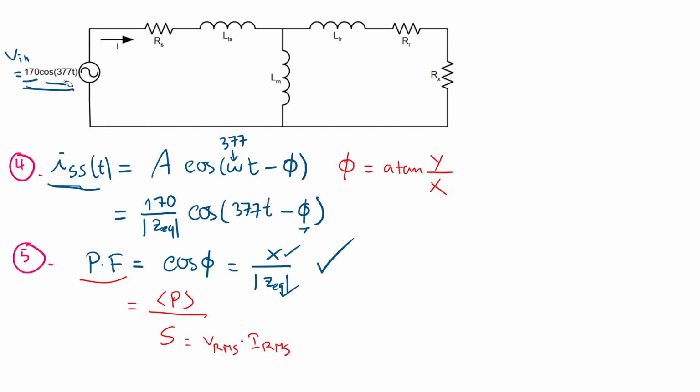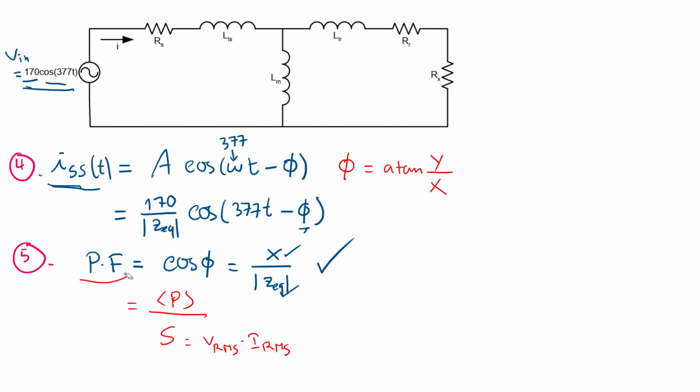This is the waveform of voltage. The root mean square is just the amplitude divided by square root of 2. Same for I, the root mean square of I is just the amplitude divided by square root of 2. But anyway, in this case, there's no switch element.